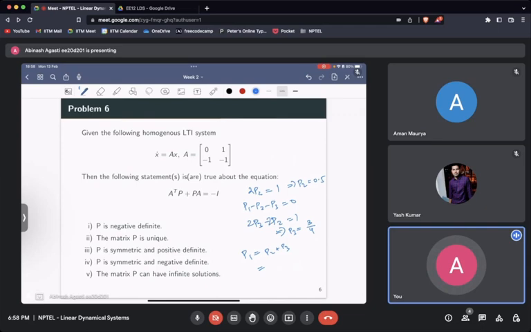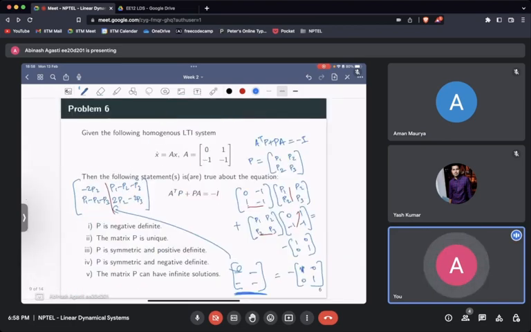So here we have two, right? We got P2 equal to 0.5 from this. So from here we'll have P3 equal to, sorry, minus 1.